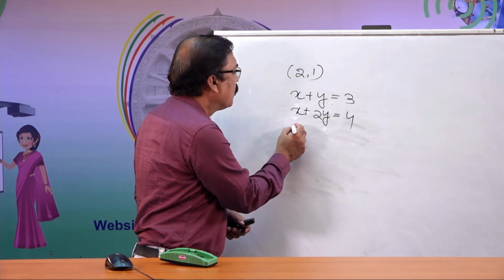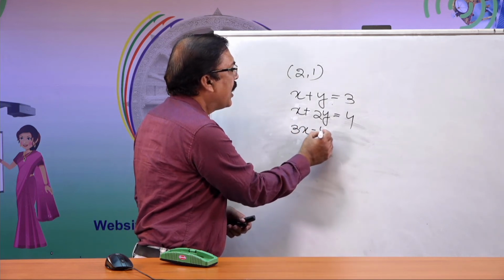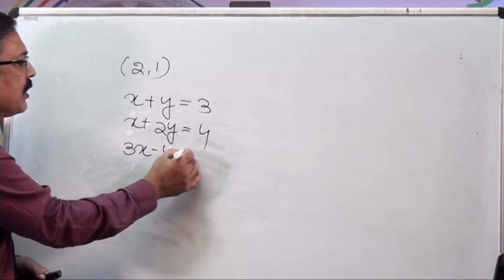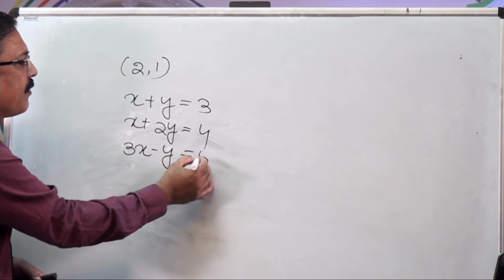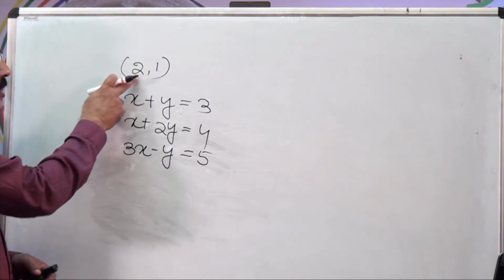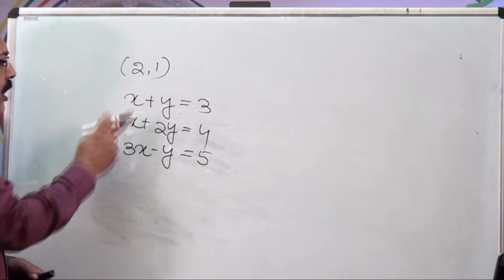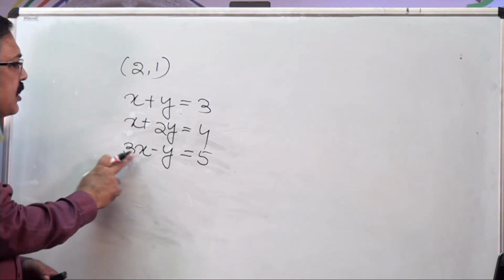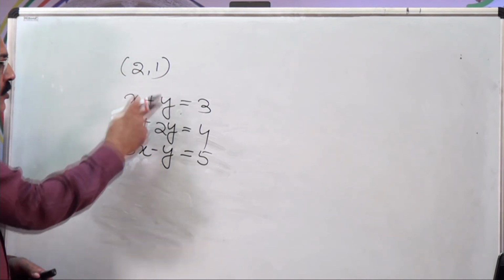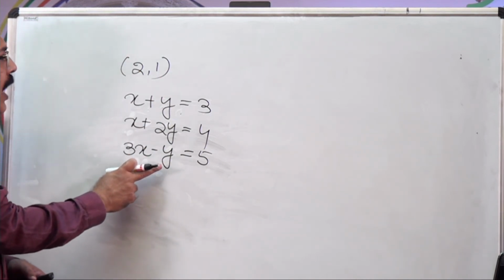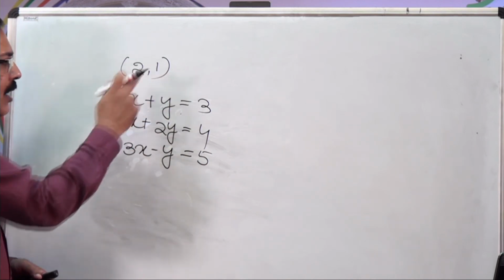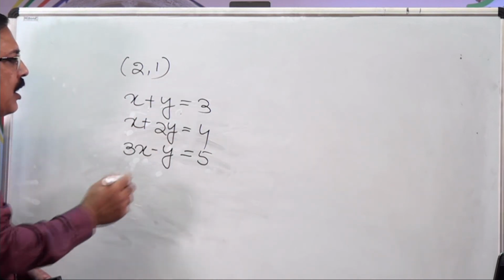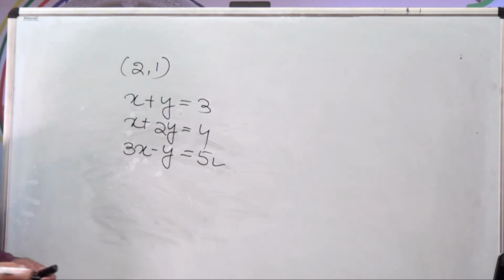Let's have a look at 3x minus y is 5. Now put these values: 3 into 2 gives 6, minus 1 gives 5. So (2, 1) is also a solution of this equation.